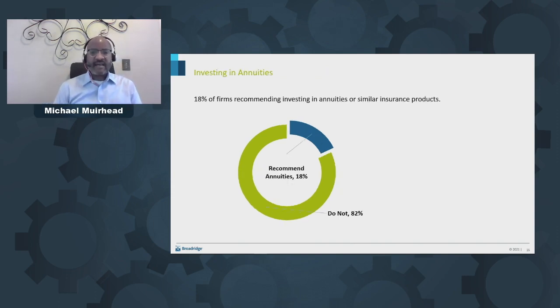So the next topic is related to annuity investment practices or products. Here again, this relates to us ensuring that there is some type of due diligence process for making recommendations as it relates to annuity or insurance products.